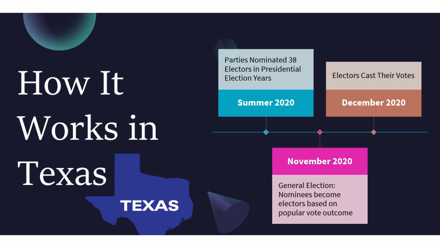One of the most important things that the two parties will do during that convention is nominate 38 electors. What that means is that each of those two major parties will select 38 of their own. So the Democrats would choose 38 and the Republicans would choose 38. But they are not electors yet.